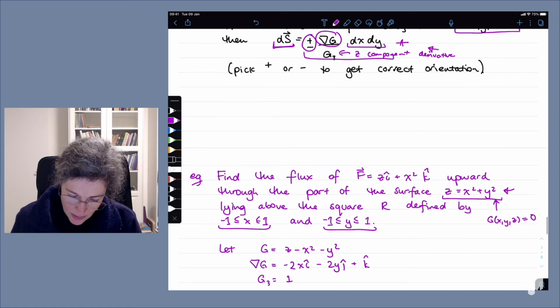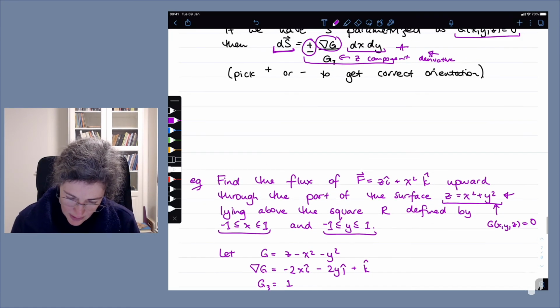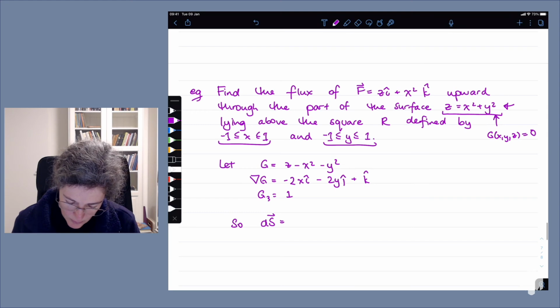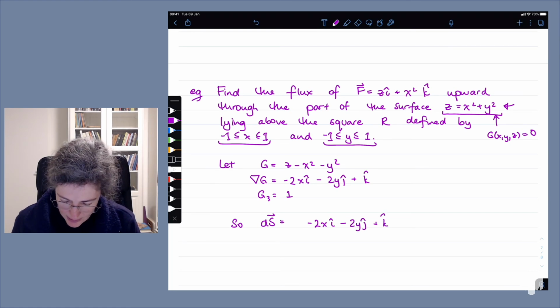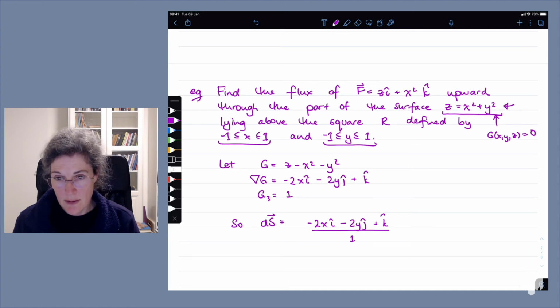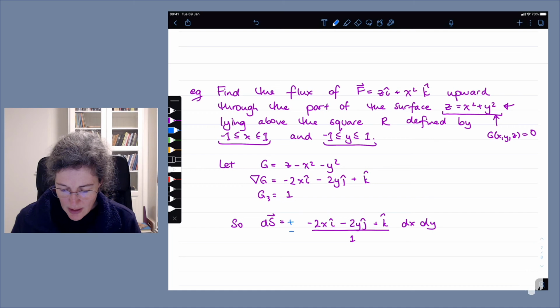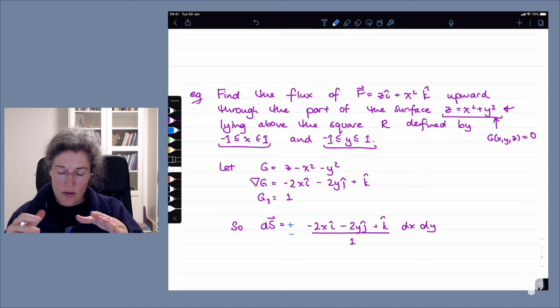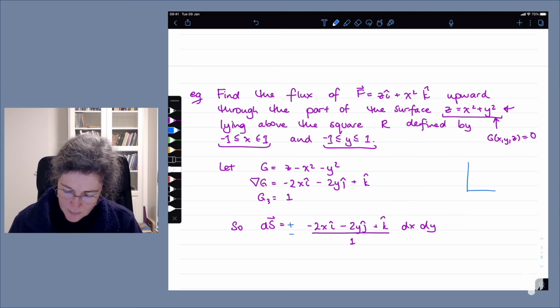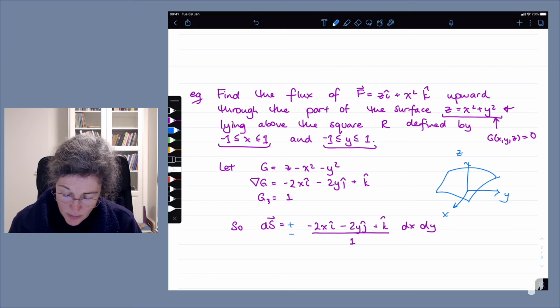Okay, so putting that all together, let's just get the gradient of g over g first. So we've got minus 2x i minus 2y j plus k, and that's all over 1, dx dy. And the thing that we need to think about is, is this going to be plus or minus? Well, the thing to think about is you've got your x, y, and z, and whatever your surface is that you're interested in, you want upward through that part of the surface.